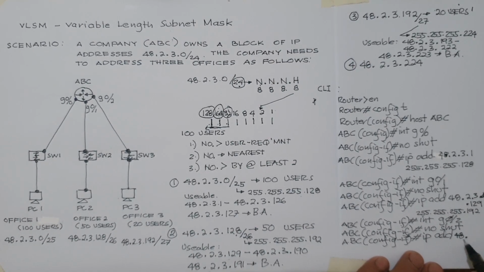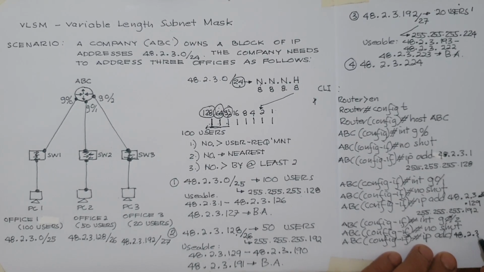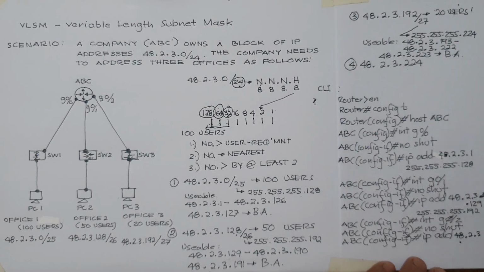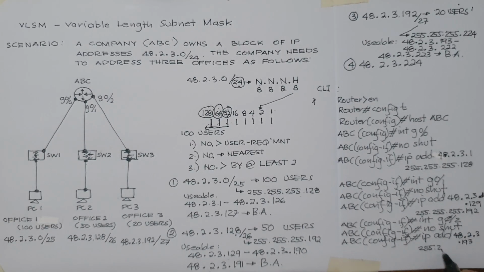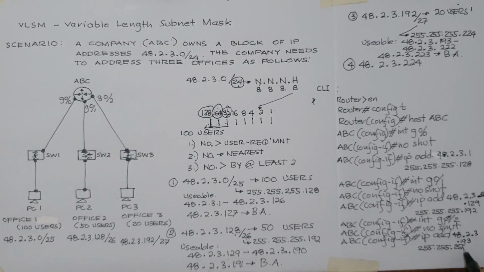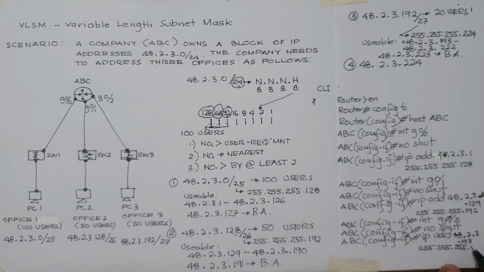IP add space, then 48 dot 2 dot 3 dot, first usable 193. Then followed by subnet mask 255 dot 255 dot 255 dot 224.